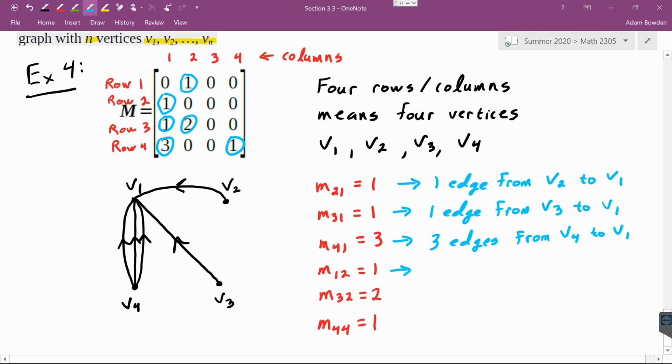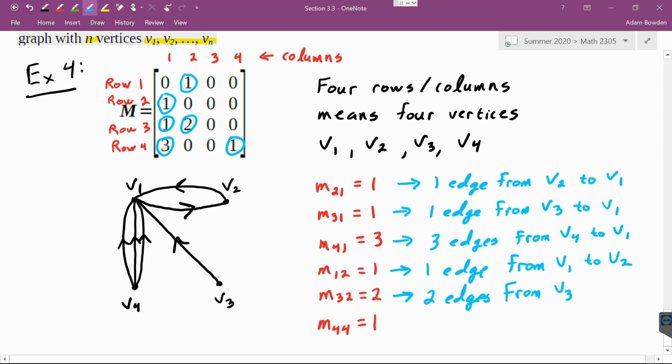Then this next one down says we need to draw one edge from V1 to V2. Start from V1, draw an edge over to V2. And then this one says we need to draw 2 edges from V3 to V2.